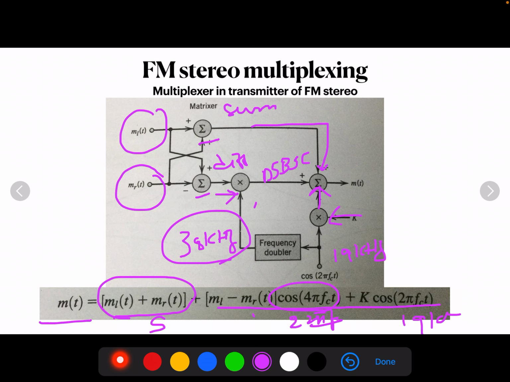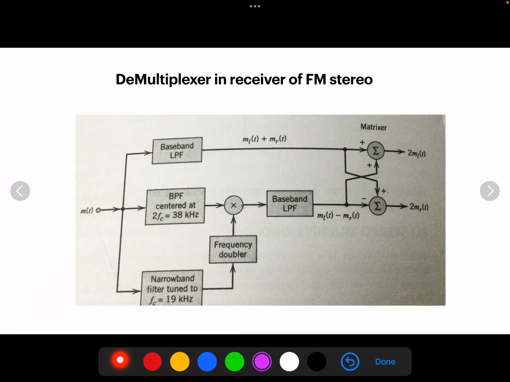So this is what happens in the multiplexing at the transmitter side. Next we will see the demultiplexing of the FM stereo. Whatever the message signal m(t) is coming, it is applied to the demultiplexer. The individual components of the multiplexed signal m(t) have to be separated into 3 components using appropriate filters.